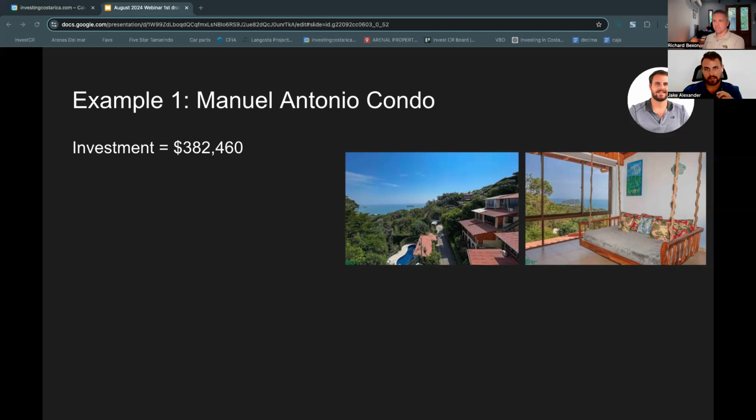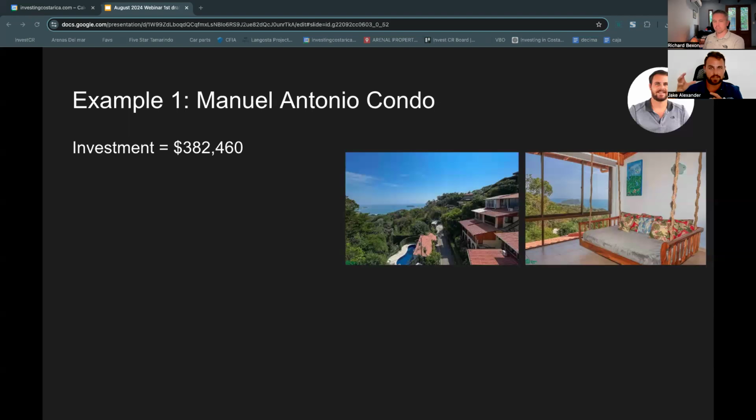You're getting into arguably one of the most popular areas that people come to visit for less than $400,000 for ocean view. And this particular condo is actually 2 separate units in one.